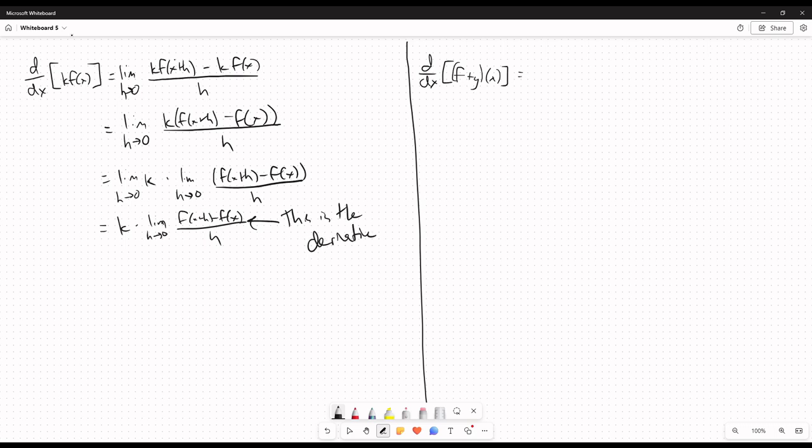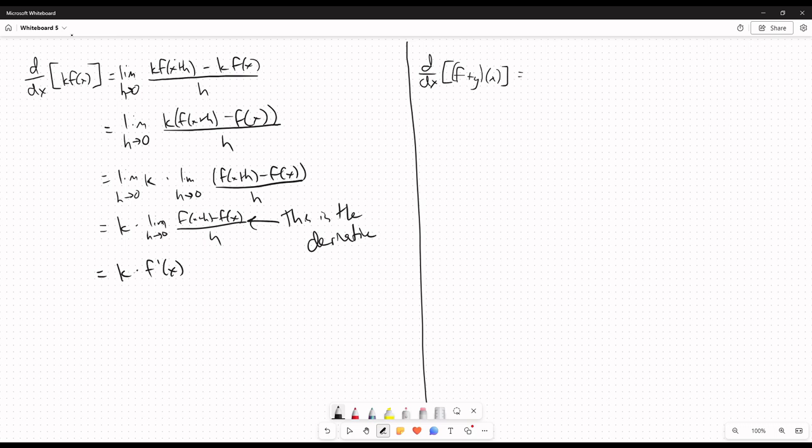At least, this limit as h approaches 0 of f of x plus h minus f of x over h, that's the derivative. So this is just k times the derivative of f of x, which is exactly what we know from the constant multiple rule. If you take a function and multiply it by some constant, you can take the derivative by taking the derivative of the function and then just multiplying that by the constant. So you can basically pull the constant out, ignore it, and then multiply it back in.